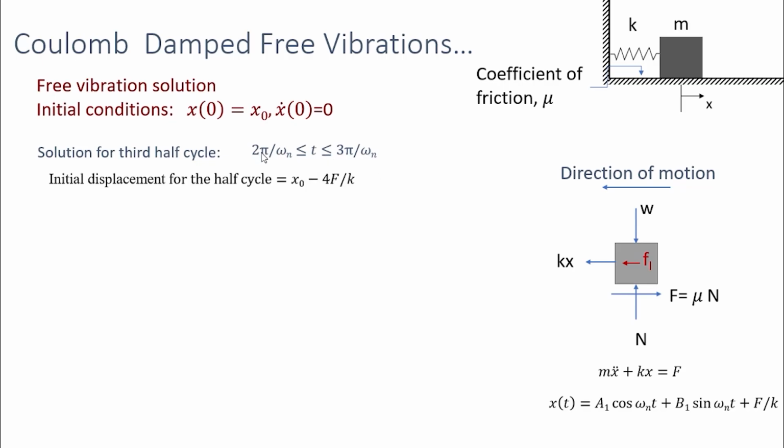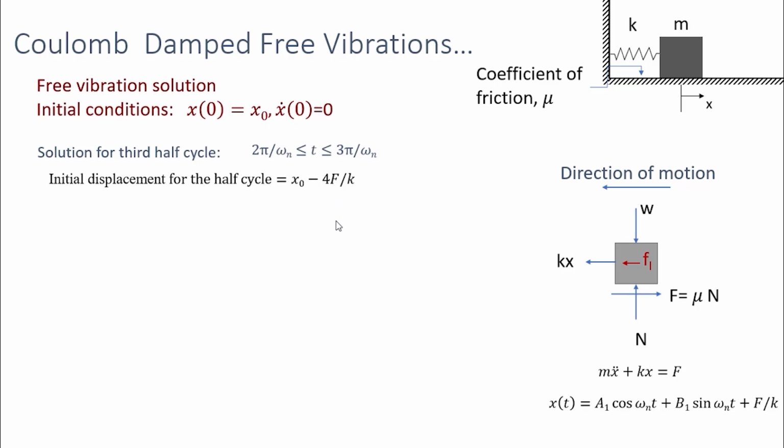So we have calculated the response at the second half cycle, and so there we have found the displacement response at time equal to 2 pi by omega n. So that would be the initial displacement for this half cycle. So that is equal to x naught minus 4f by k.